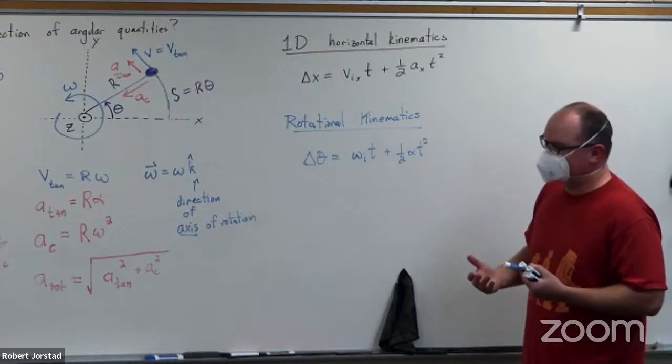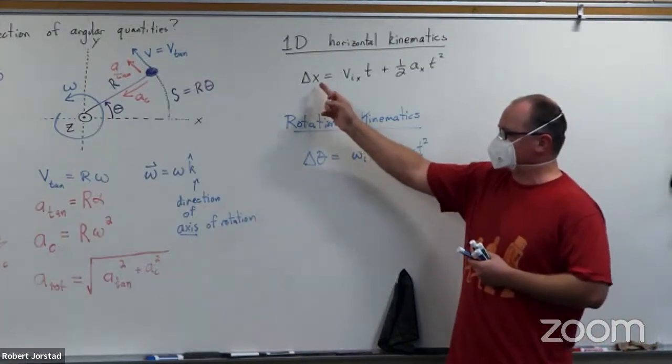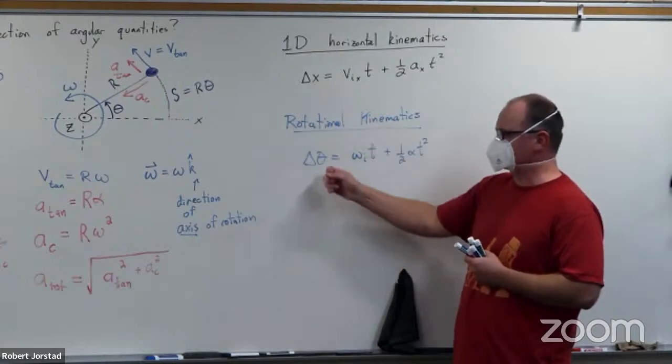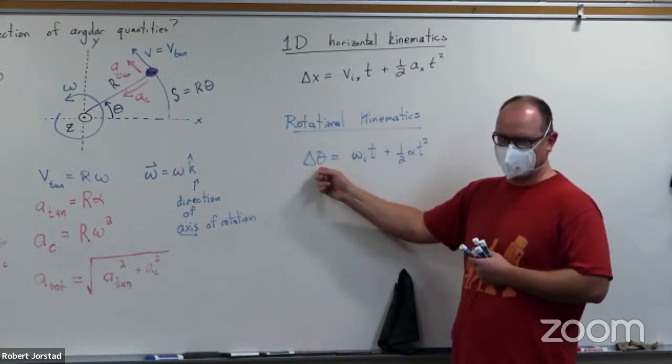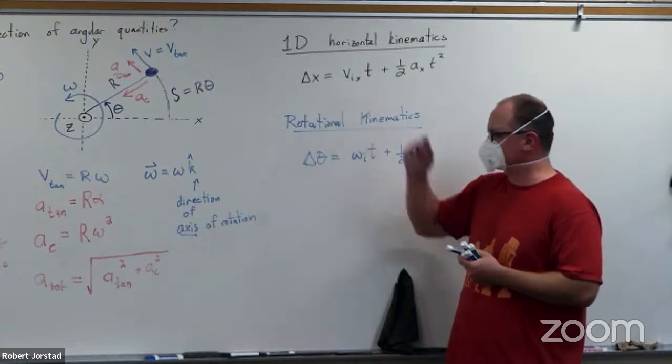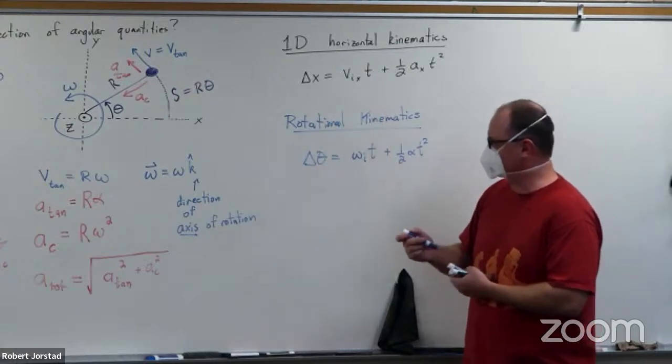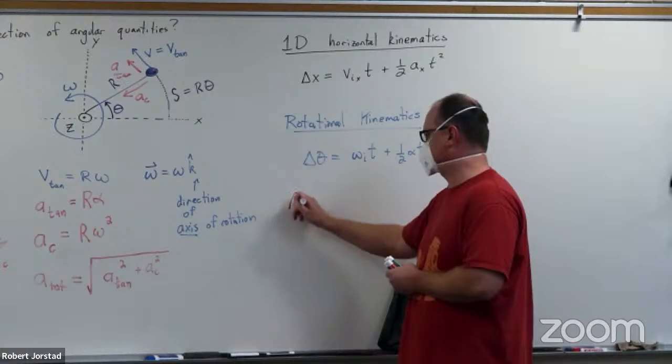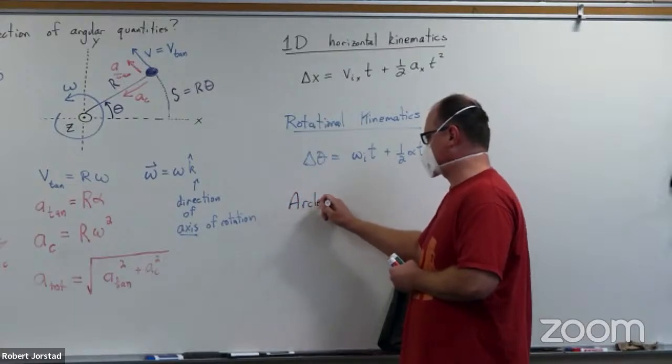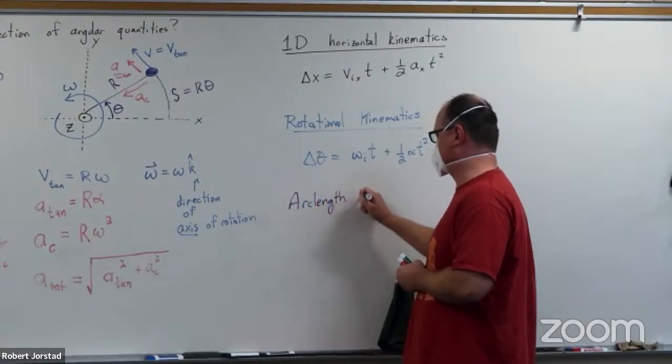And just like we usually set x initial to 0 and this just becomes x, we can often set theta initial to 0 and just make this theta. Remember that? So I want to show you one more. I'm just going to call these arc length kinematics.